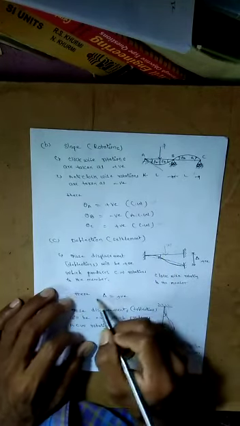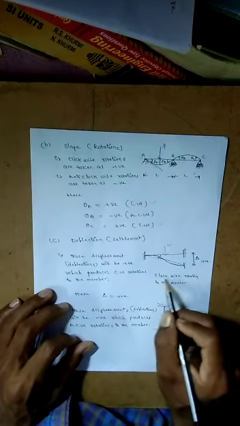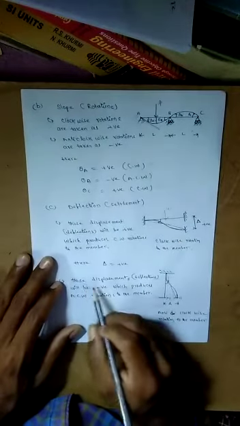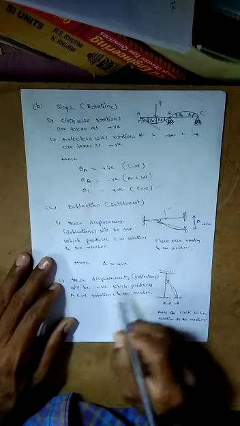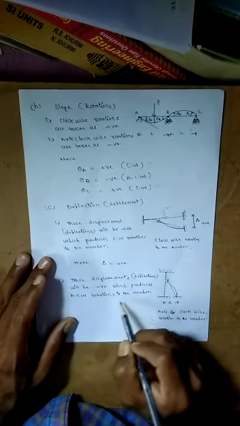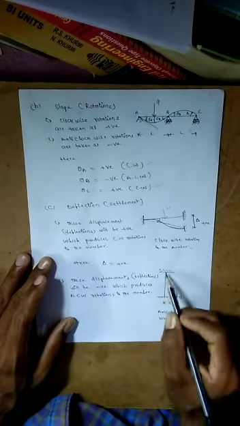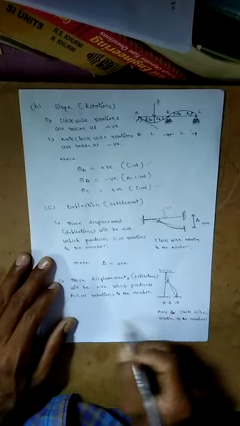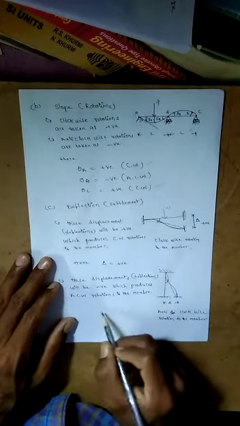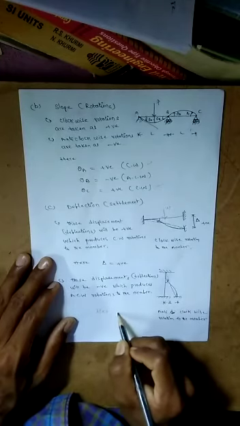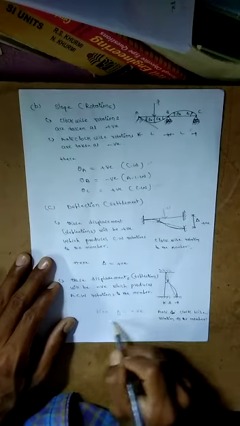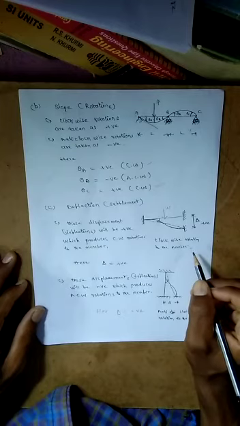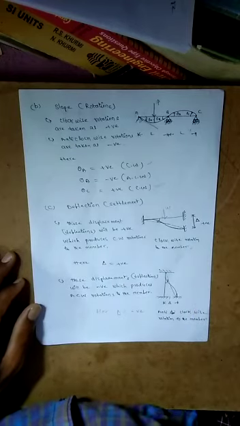Here delta is positive, giving clockwise rotation of the member, called positive deflection. The deflection will be negative if it produces anti-clockwise rotation of the member, so negative delta. This sign convention is used to derive the slope deflection equation, and many problems will be solved in later videos. Okay, thank you.